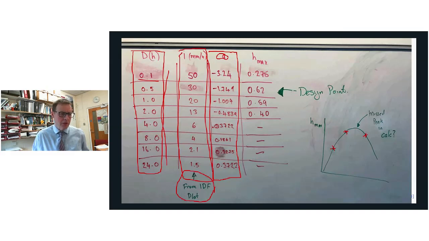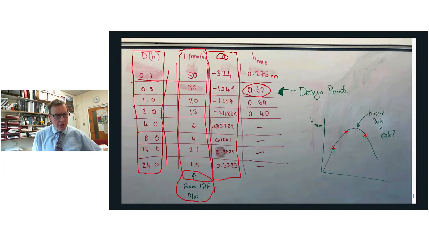So in this calculation here, Hmax comes out as 0.75 metres, 0.62 for the duration of 0.5 hours, 0.59, so you can see that it's peaked at 0.62. So that's our Hmax. Hmax is the depth of the trench, I should have said that. And you select the deepest response you get from those calculations.